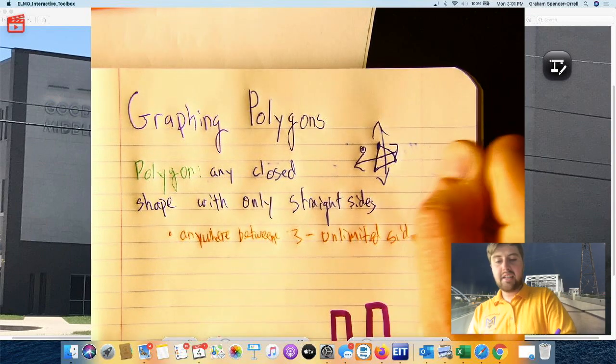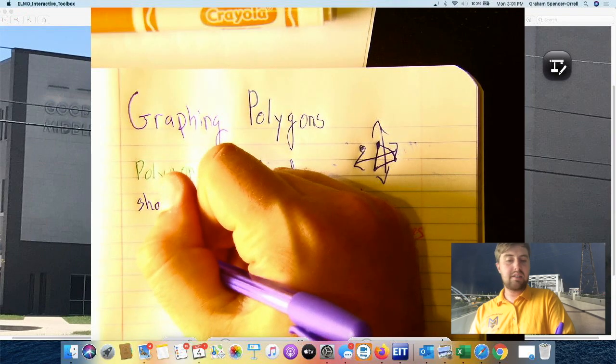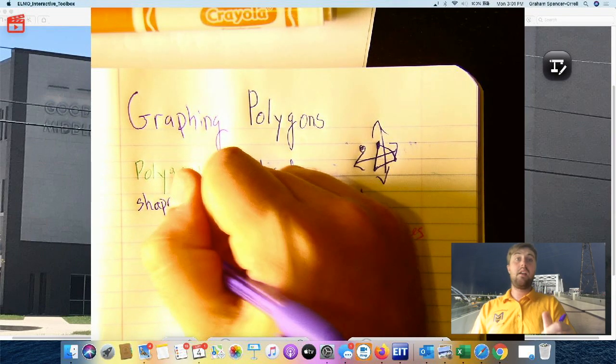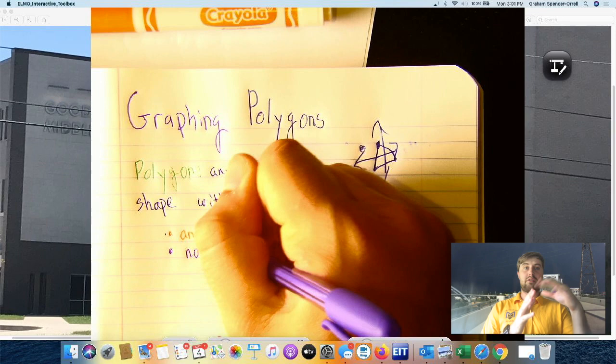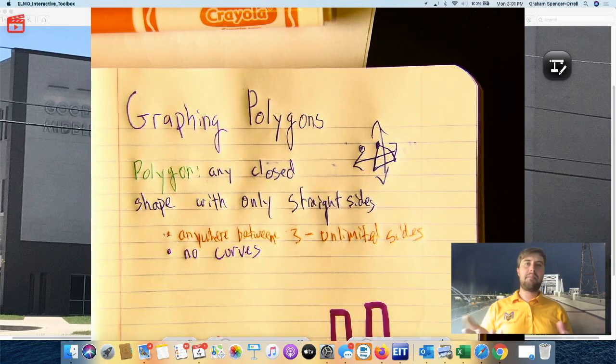But there can't be any curves. So that's why a circle is not a polygon, and anything that has any sort of curve to it is not. So I'm going to give us 6 shapes, and you pause it here, see if you can figure out which ones are polygons and which ones are not.